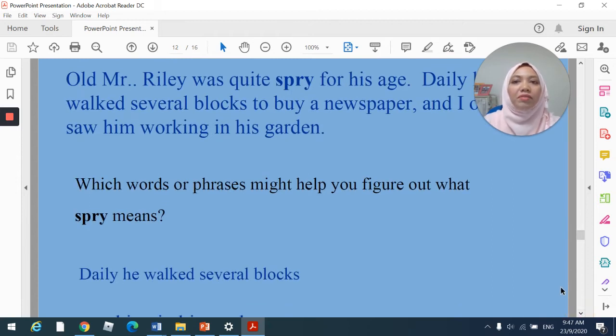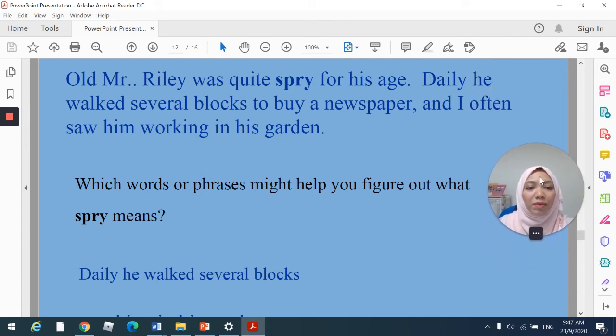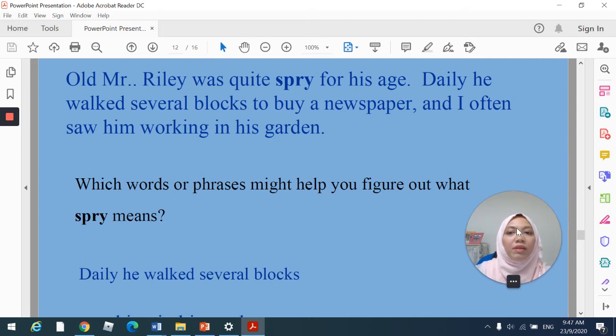Old Mr. Riley was quite spry for his age. Daily he walked several blocks to buy a newspaper, and I often saw him working in his garden. Right? You may not know the meaning of the word spry, but through some of the examples given, for example, daily, on a daily basis, every day he walked several blocks to buy a newspaper, and also working in his garden.